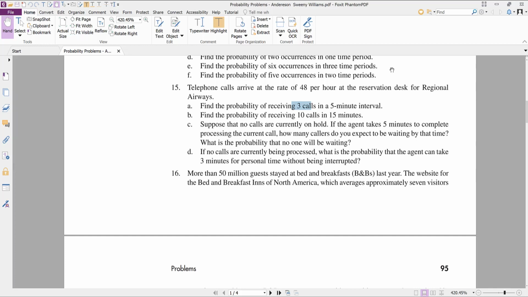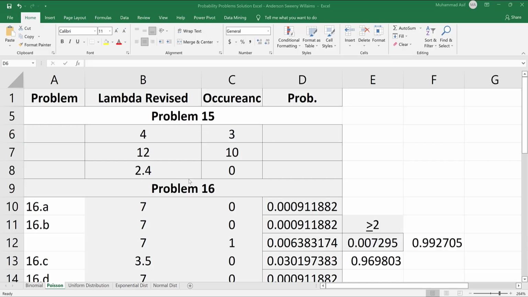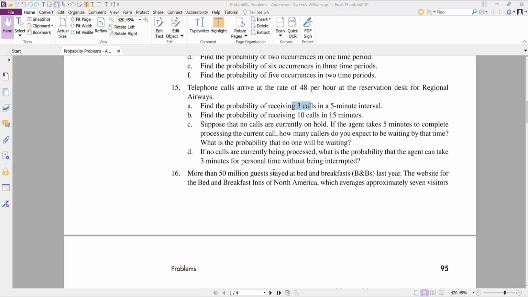So first we will do it on Excel. In Microsoft Excel, I'll be using 3 columns. One is a revised lambda, another is the number of occurrences in which we are interested, and then we'll be calculating probability. This revised lambda column is about congruence between the mean given in the top statement and in subsequent questions.